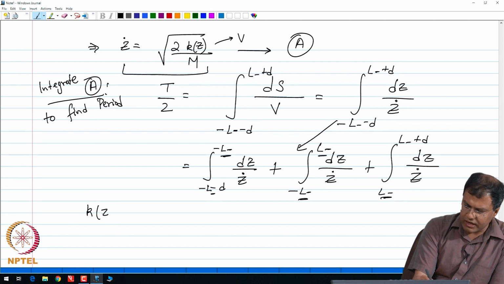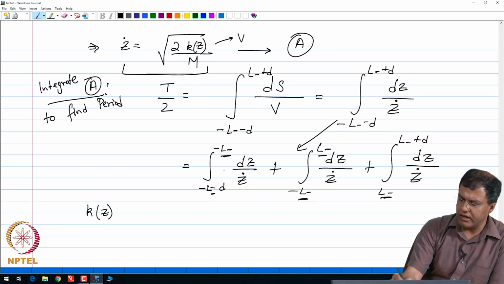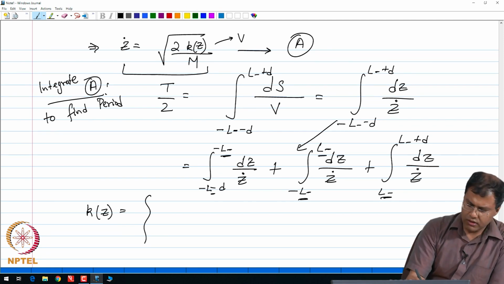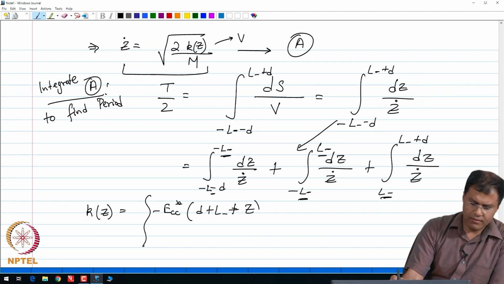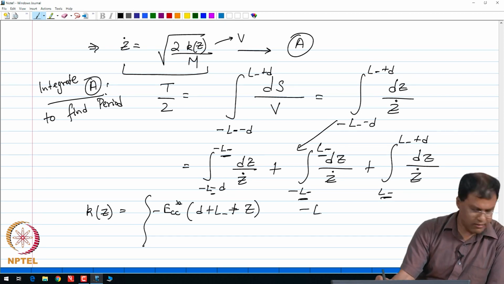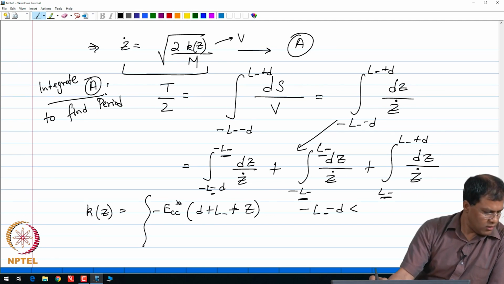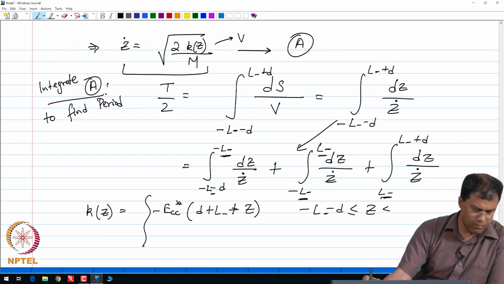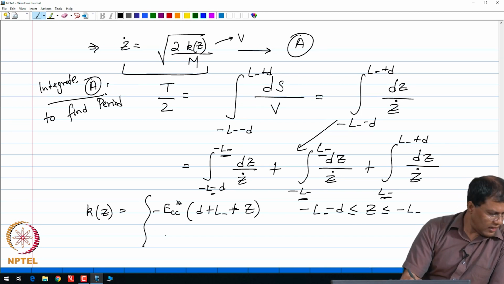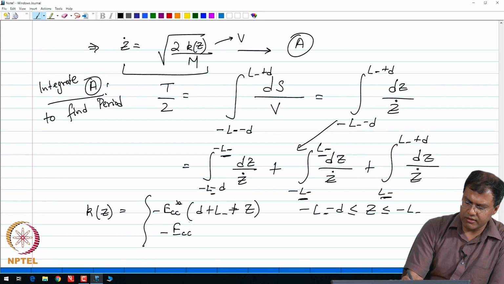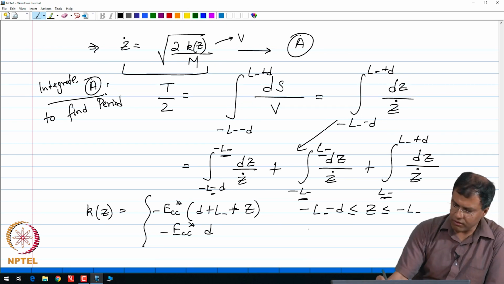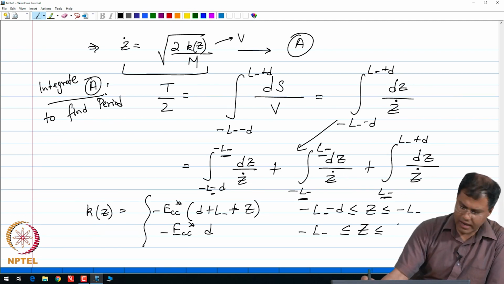So, let me specifically write down my function k of z in these 3 limits of integration. It is minus E c c star times d plus L minus plus z, when z is from minus L minus d to minus L minus. The second region is E c c star times d, from minus L minus to L minus.